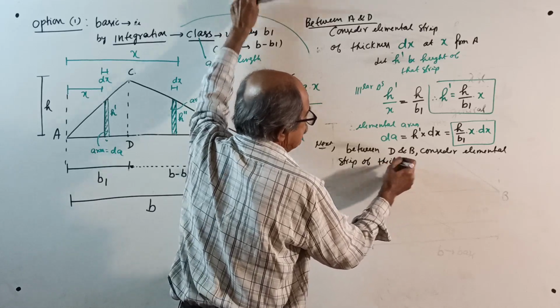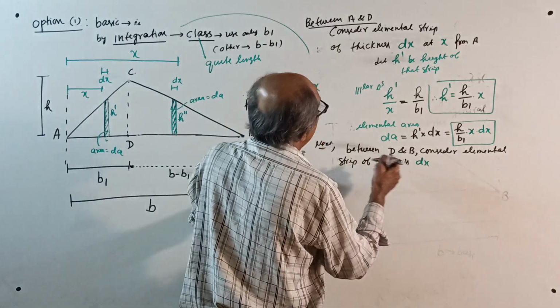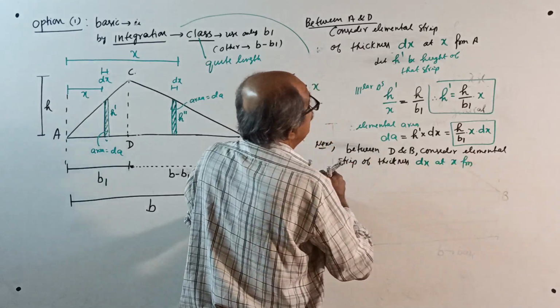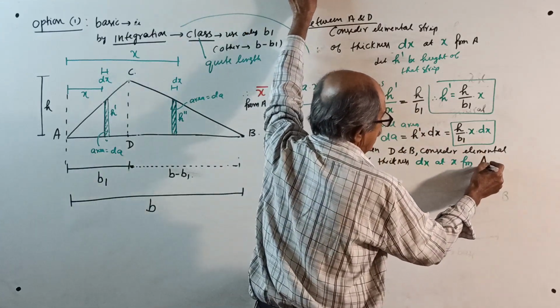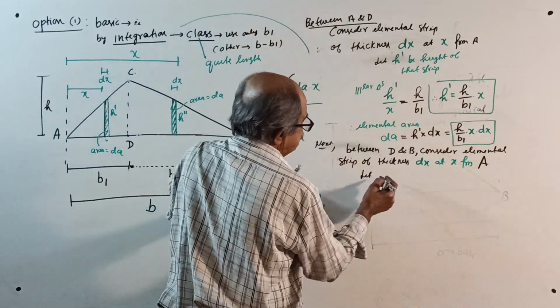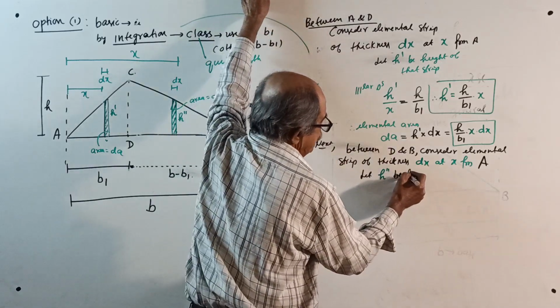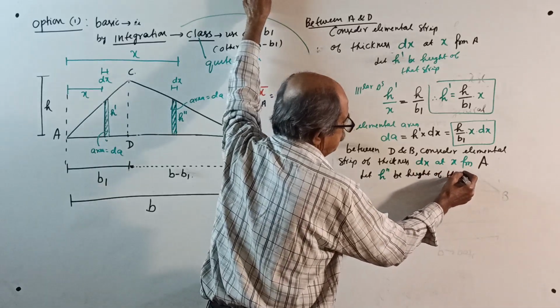Remember, don't take something else. When you take distance x, the thickness is dx, at x from the same point. You cannot change it now. When you want x bar from A, it is x from A. Then let h double dash be the height of that strip.